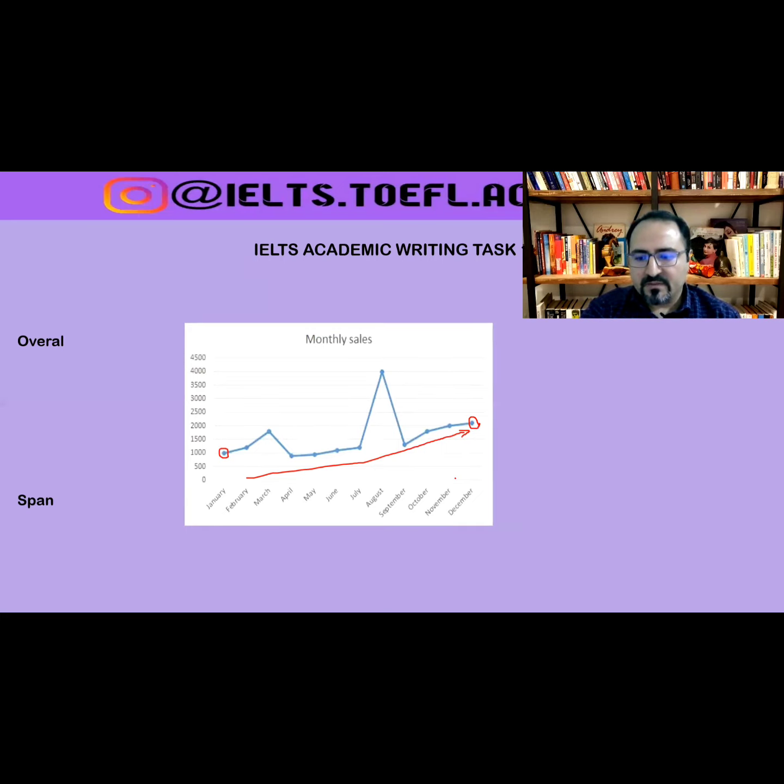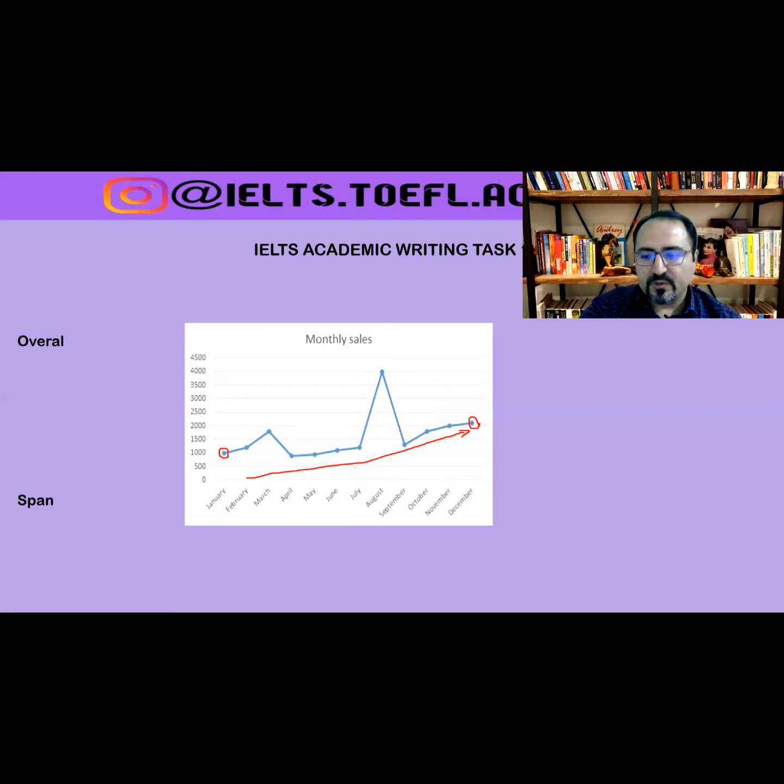So when you are using the word overall, you are going to talk about the decrease or increase of the diagram or the trend. Now, span. What is the word span? Span is the word that shows you the time of the changes.